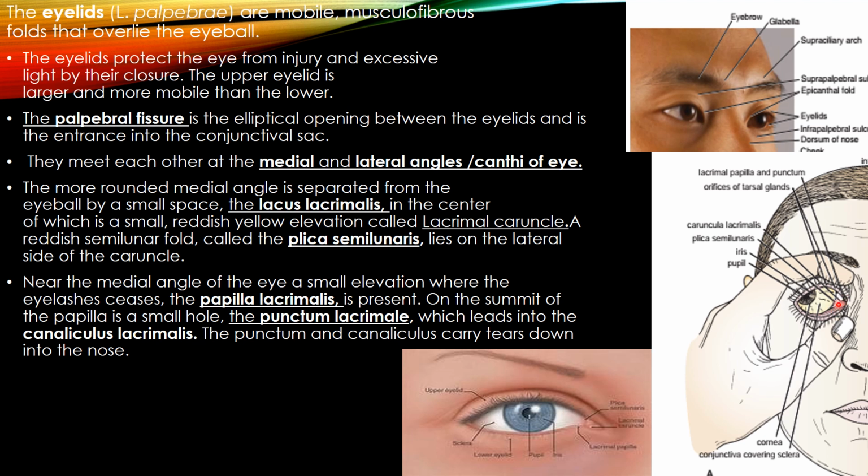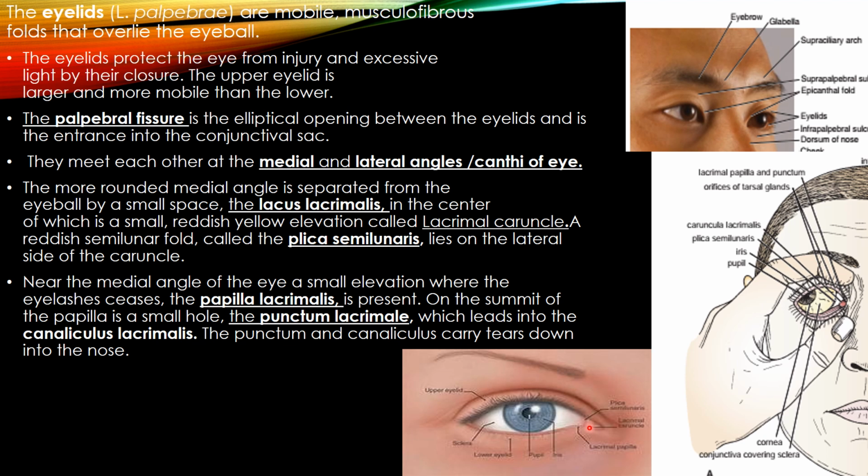There is also a semilunar fold lateral to that caruncle called plica semilunaris. This is the plica semilunaris on the lateral aspect of the lacrimal caruncle.